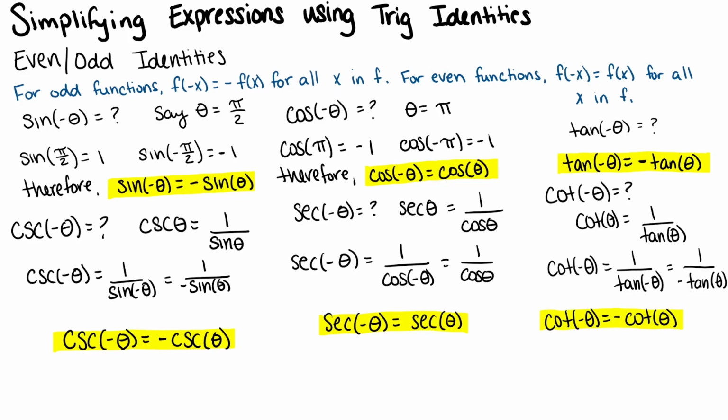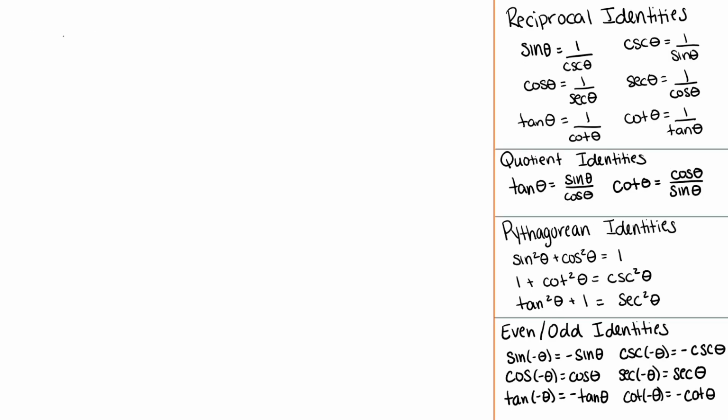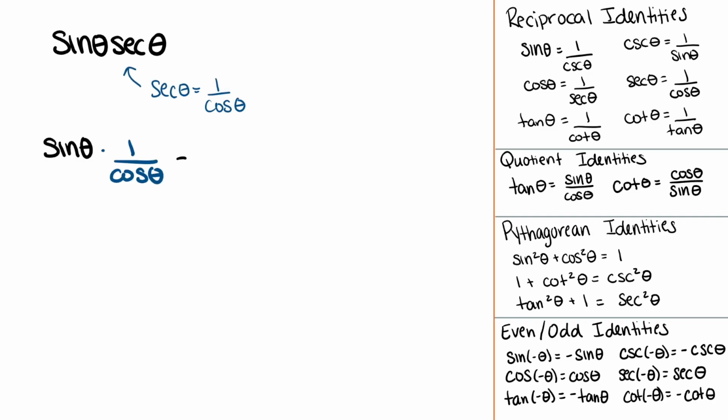Now let's go into some examples of simplifying expressions using all of these trig identities that we just learned. Starting us off, we have sine theta secant theta. So remember, secant theta is 1 over cosine theta. So that means we can rewrite this as sine theta times 1 over cosine theta, which then can be written as sine theta over cosine theta.